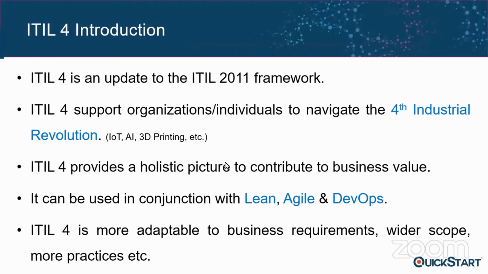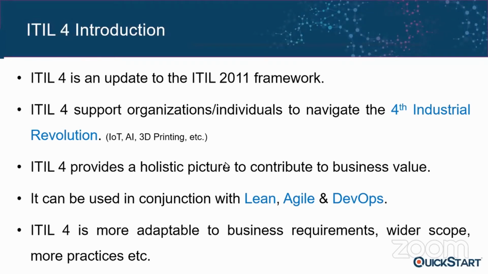And as you know, when we had ITIL version 3, there wasn't much about DevOps, development and operations, agile, lean IT, and other methodologies. For example, we use agile a lot in software development, and we now use DevOps a lot in cloud computing.